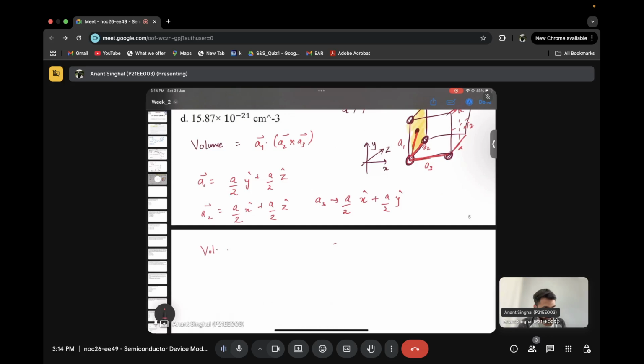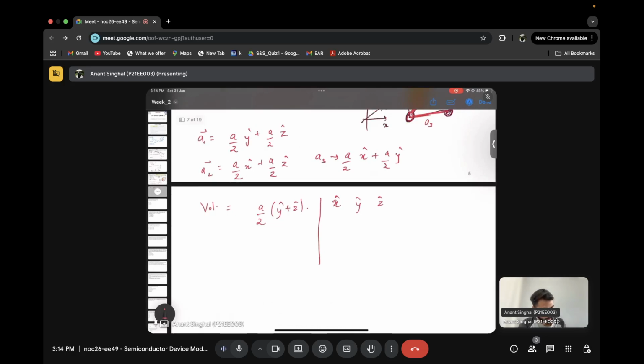So now we just need to do the dot product and cross product. If I try to calculate the volume, it will be A by 2 if I take common, from A1, y plus z, then the dot product with the cross product. We know how to do the cross product. It's nothing but writing the matrix. For A2 it was x and z, so this will be A by 2, 0, A by 2, and for A3 it is A by 2, A by 2 and 0.